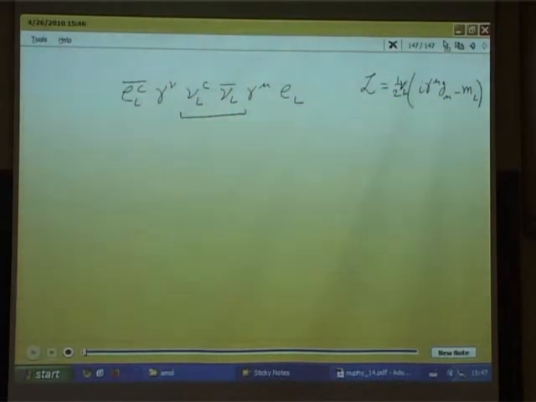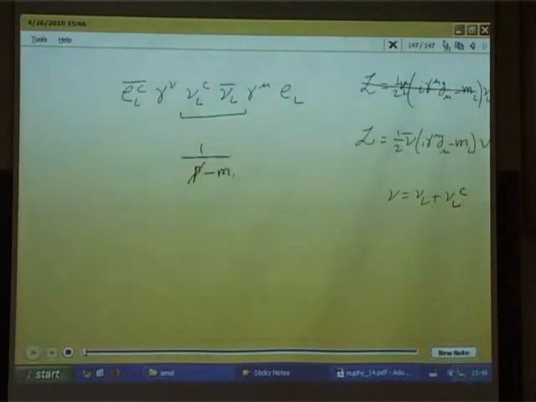The L for this neutrino is half of nu bar i gamma mu del mu minus ML nu. Okay, nu is equal to nu L plus nu L C. So the propagator therefore becomes 1 divided by P slash minus ML. And then I have a gamma mu here, EL, gamma mu, ELC.